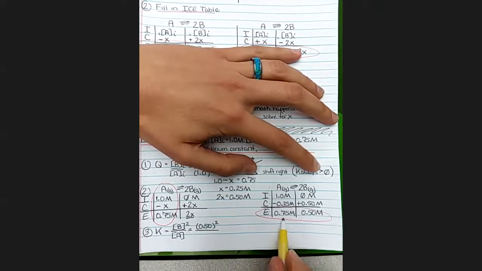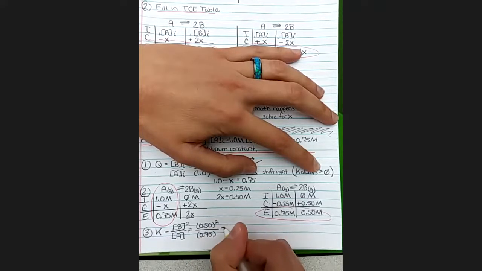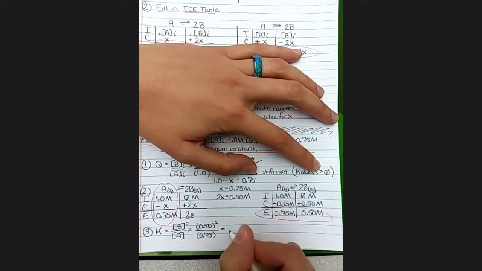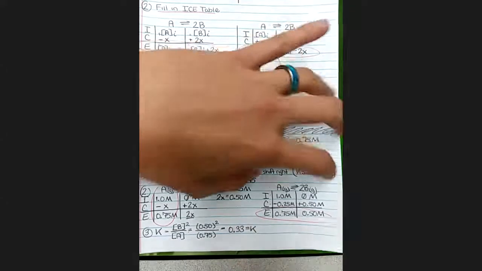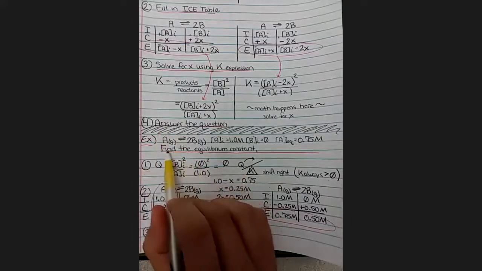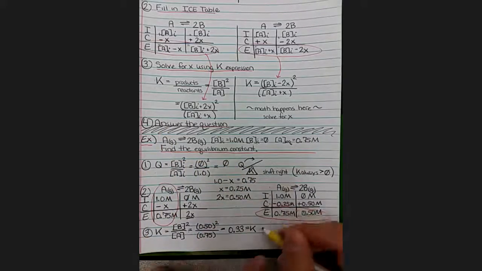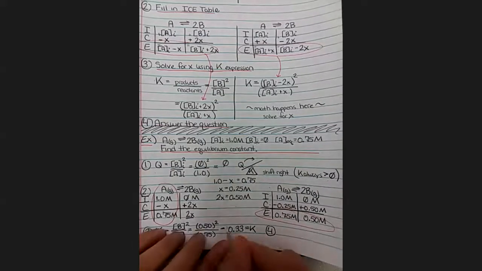And our value for A is going to be 0.75. You will have to do actual math here with your calculator, and you should get 0.33 equal to K. And then step 4 is to answer the question. The question wanted to know the equilibrium constant, and we were able to find that.